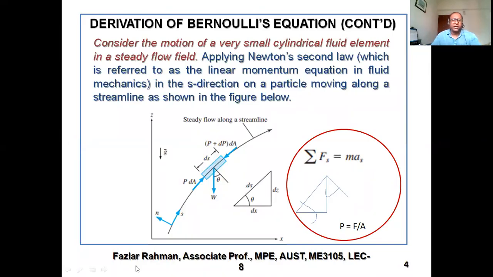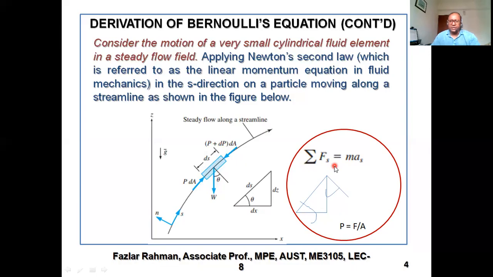So in the figure, you see a two-dimensional flow. The vertical axis is Z, the horizontal axis is Y. And there is a streamline going from the left corner to the upper right.